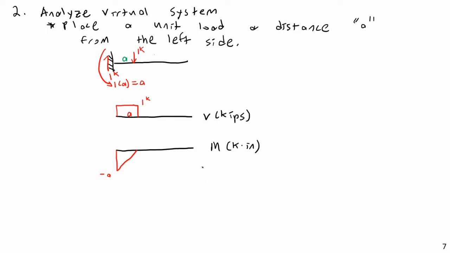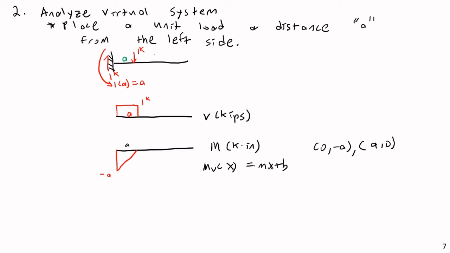Well, if I want to get the slope of this, I know that m_v as a function of x is going to be mx plus b, and I have 2 points of interest here. I have (0, negative a), and I have (a, 0).